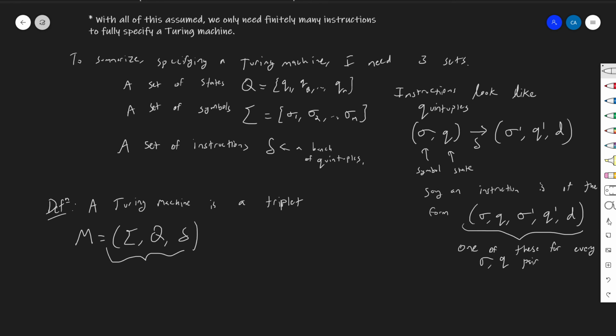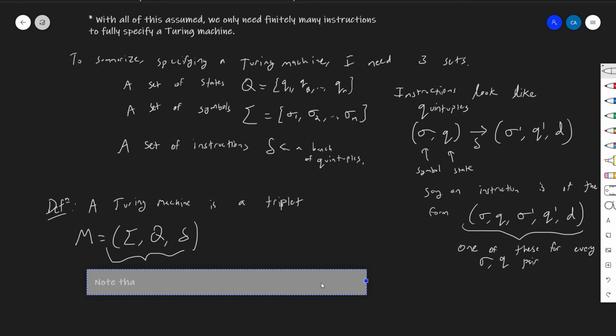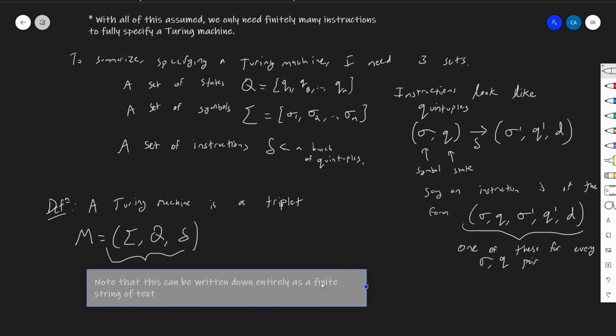It's very important to note, and the whole reason I'm defining it in this detail is to note, that this can be written down entirely as a finite string of text.